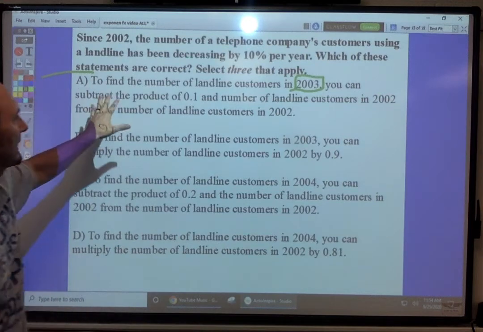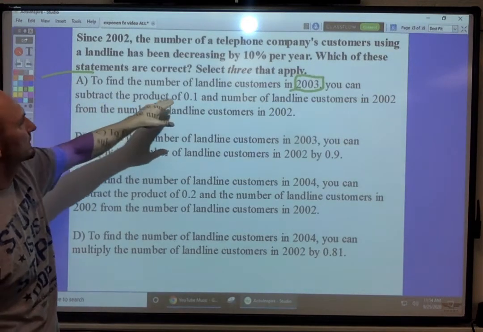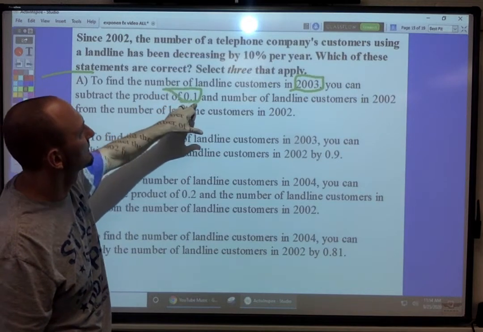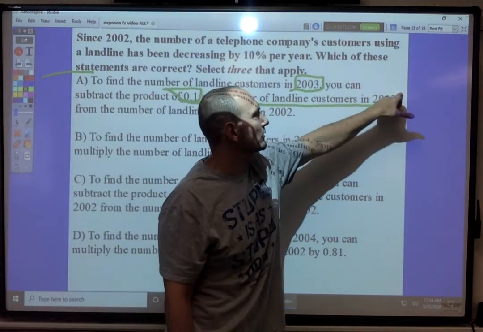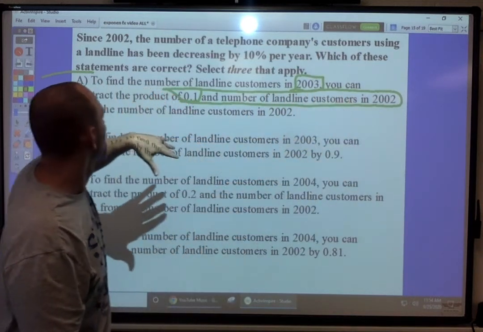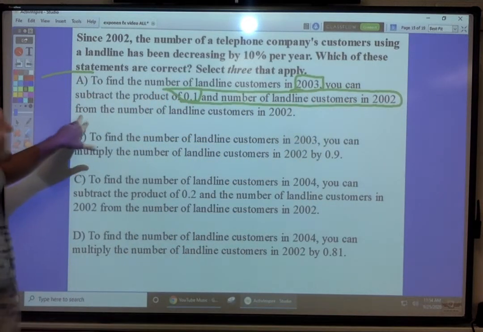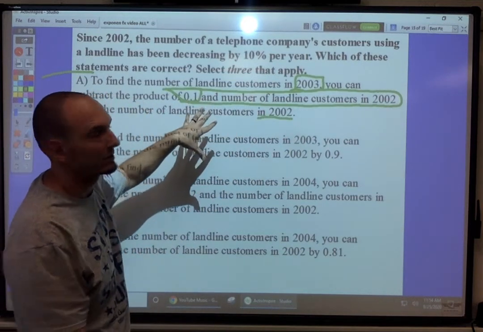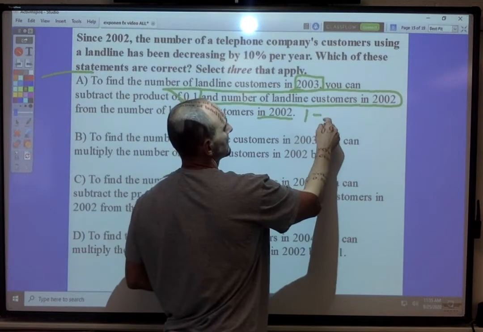You can subtract the product of this, 10%, and the number of landlines in the beginning. So that means 10% of the beginning amount. We can subtract that from the beginning amount.